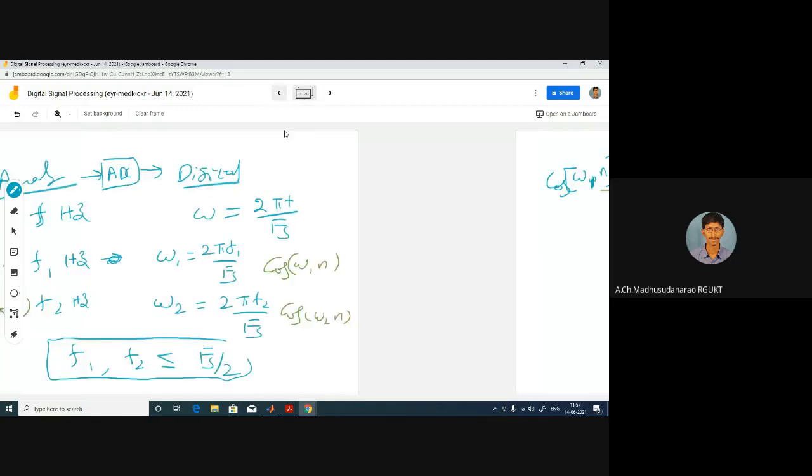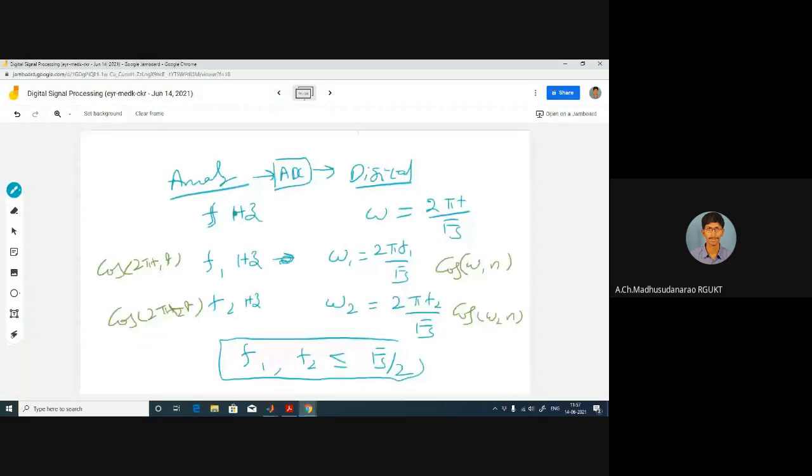See, ADC input is cos 2 pi f1t and output of ADC is cos omega 1 n. ADC input is cos 2 pi f2t, output is cos omega 2 n. I am going for DAC, digital to analog. Then what should be this output?